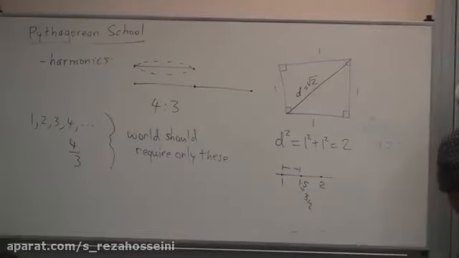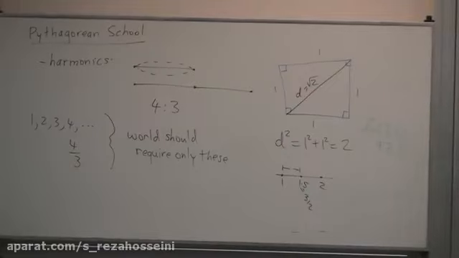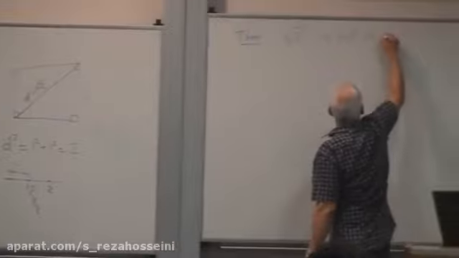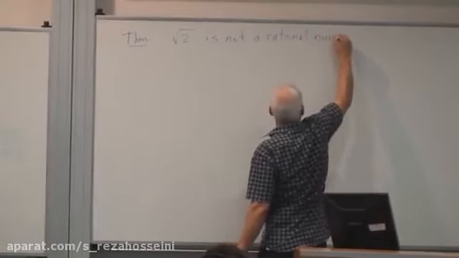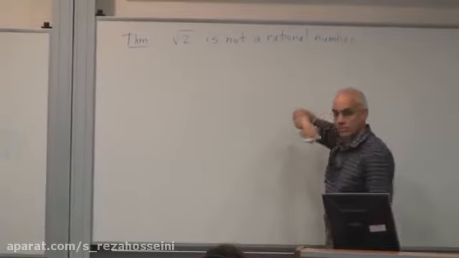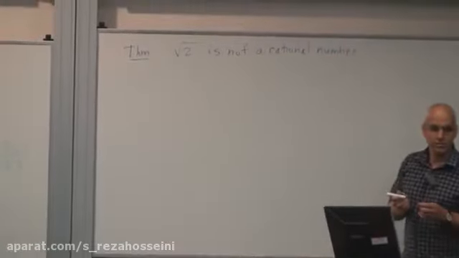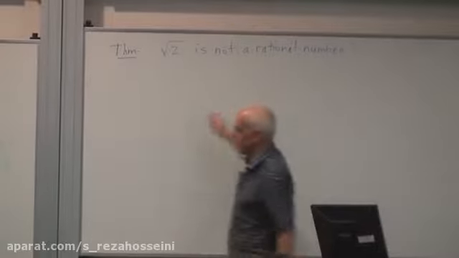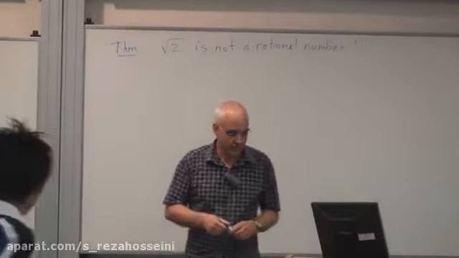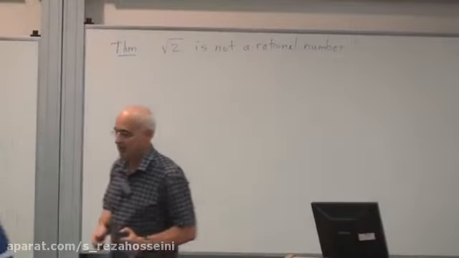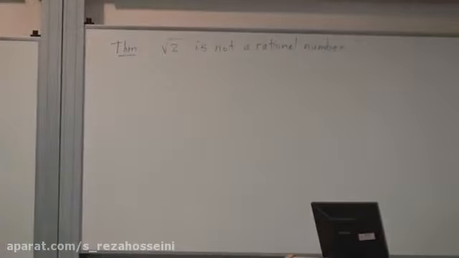So theorem: root 2 is not a rational number. There's no way of writing it as some kind of ratio of natural numbers. So let's see why this is true.